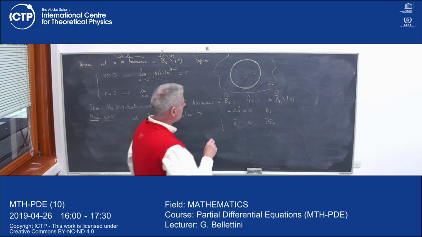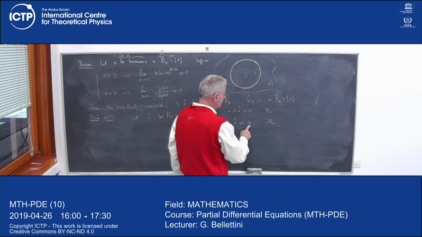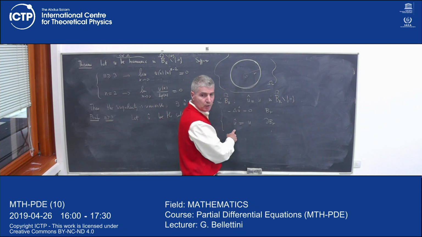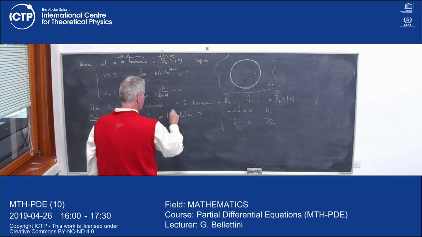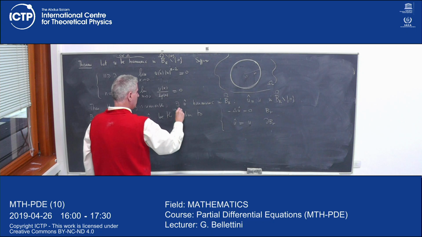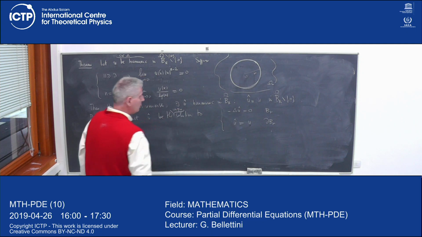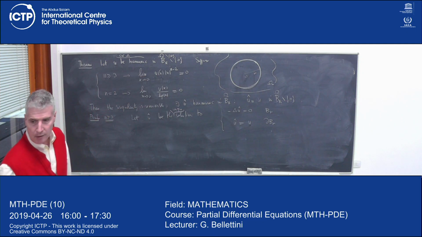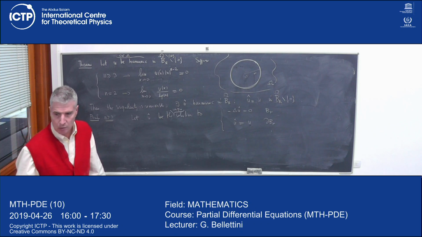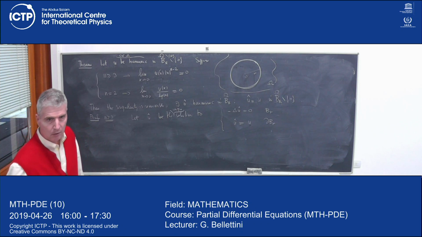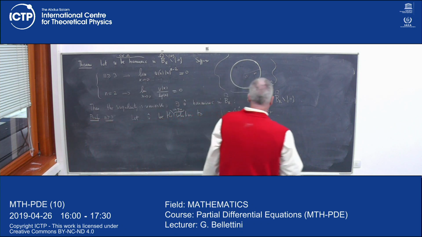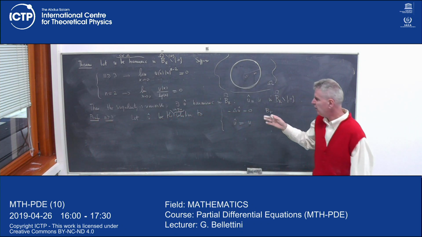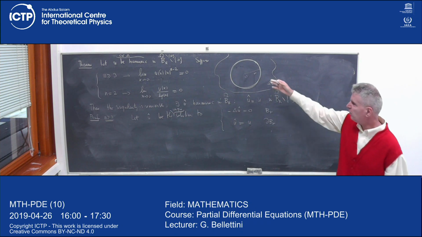So we have a theorem that says that we can always extend u in a harmonic way, uniquely. So u hat is the unique solution to this problem. This is given by the formula that we know, the Poisson kernel, etc. So now the idea is to show that actually u hat is equal to u.